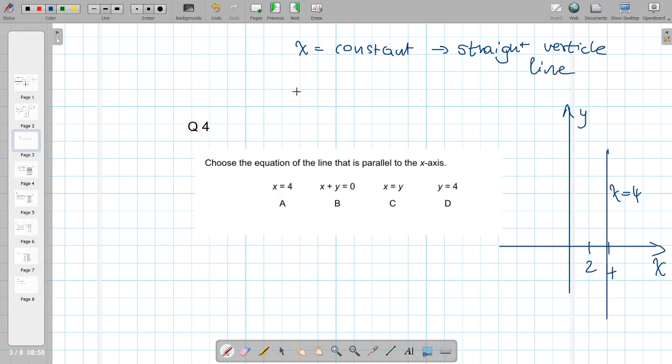And then if y equals constant, question D again. Let's say this is 4. So it will be a horizontal line.